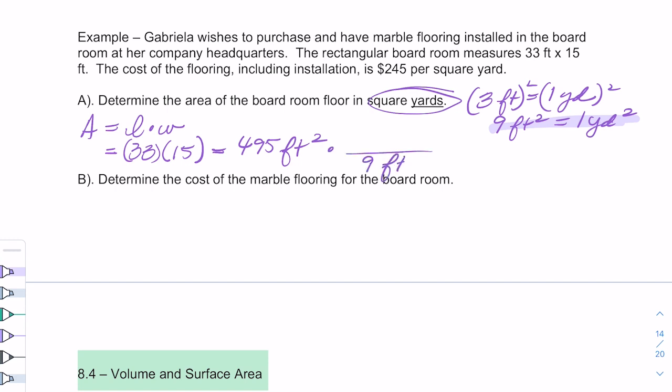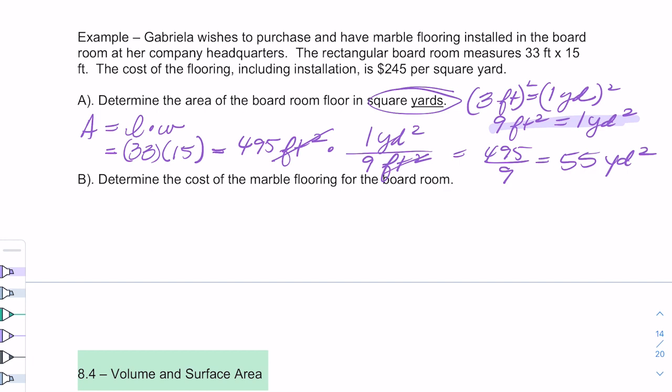So I'm going to put 9 feet squared in the denominator and 1 square yard in the top. The feet squared are going to cancel. So I'll have 495 times 1, which is 495, divided by 9. And when you do that, you get 55 yards squared.